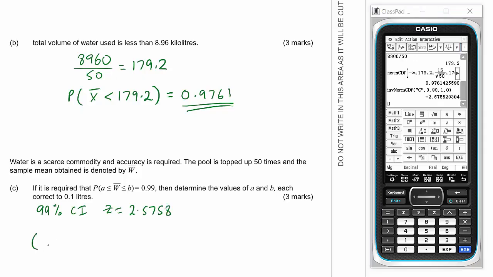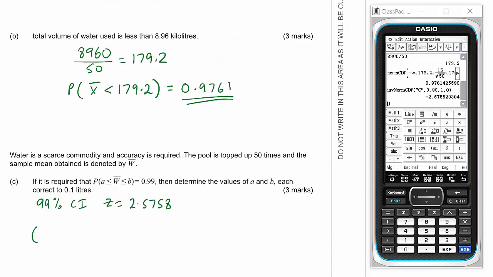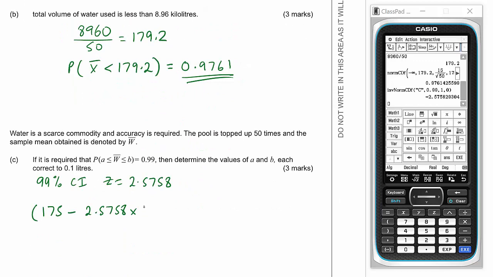So our confidence interval is going to be the mean, which was 175, take away 2.5758 times the standard deviation, which was 15 over root 50, and then the 175 plus 2.5758 times 15 over root 50.